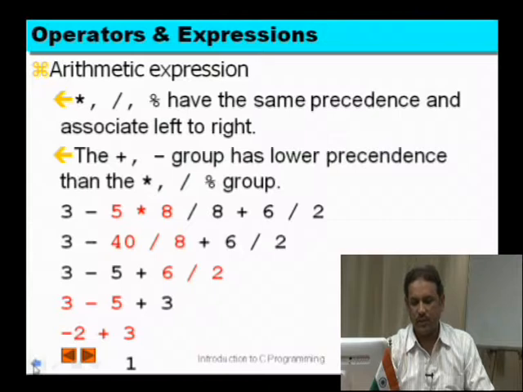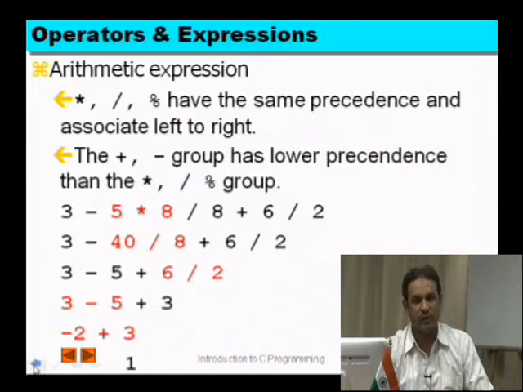Next we again have the division operator. We have minus first, then the division, but the division operator has higher precedence. So the expression becomes 3 minus 40 by 8, which is 5, then plus 6 divided by 2, which is 3.